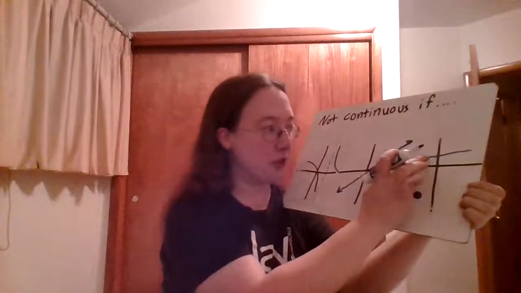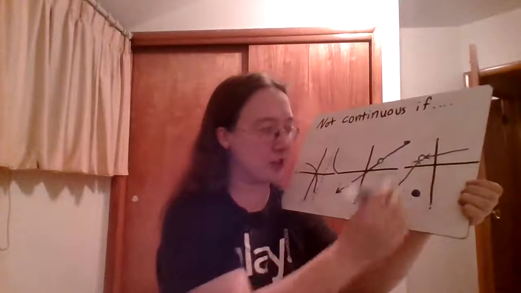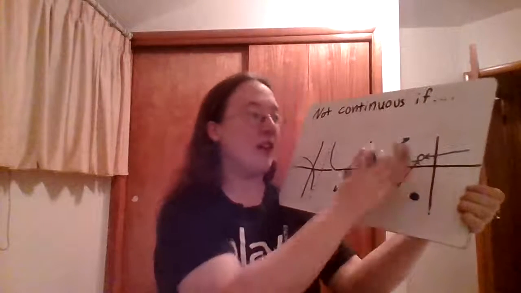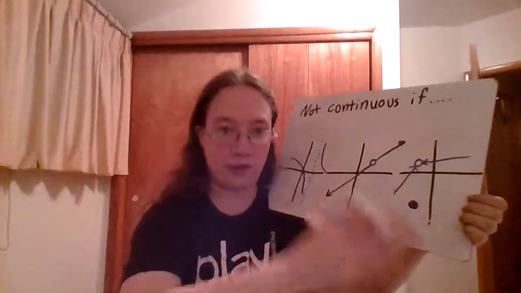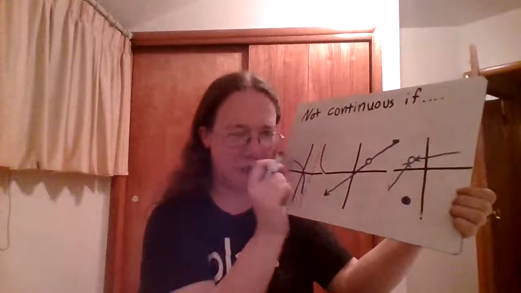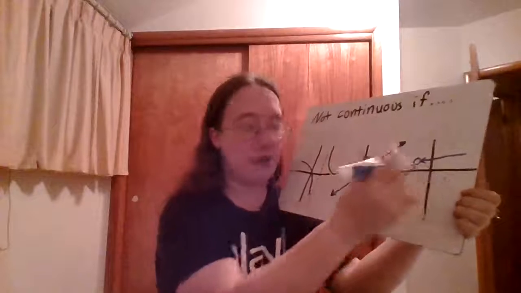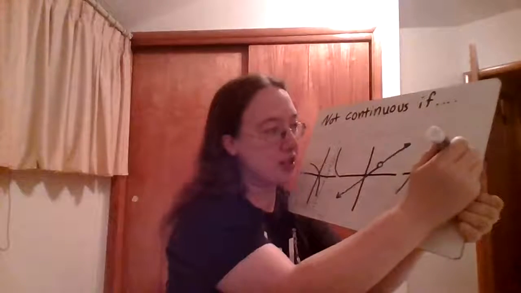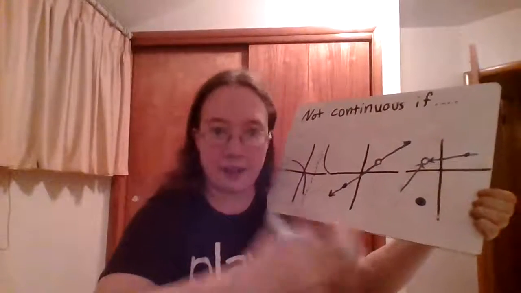Technically, the limit also exists because we're approaching the same thing from this direction as we are from this direction. So the point exists, the limit exists, but this would be an example of where those two things aren't the same thing. So the point has to exist, the limit has to exist, and they have to be the same thing. Now, again, this is continuous everywhere else, just not at this point. So it's continuous over here. This is still continuous over here, just not at that particular point.